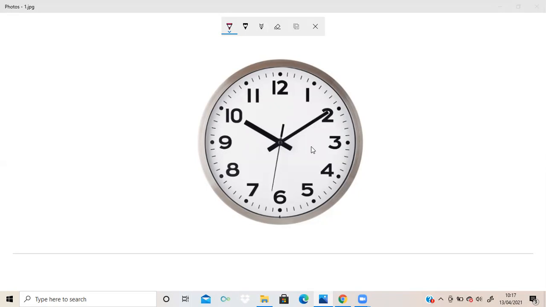Now look at the screen. We can see a big clock, and most clocks look similar. On this clock we can see 3 hands. One is the second hand, which is always moving, and the shortest one is the hour hand.